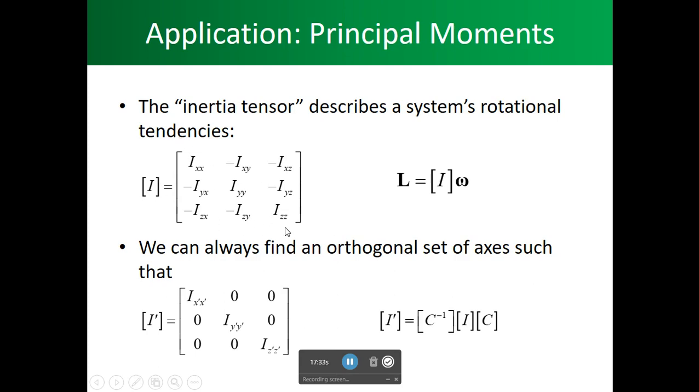Based on this, we're going to be able to look at our diagonal. As you can see here, we can multiply a number times our vector. This is our vector here, our omega, and this is our I, our matrix. So now we can always find an orthogonal set of axes, the x, y, and z, such that we have only the diagonal matrix.